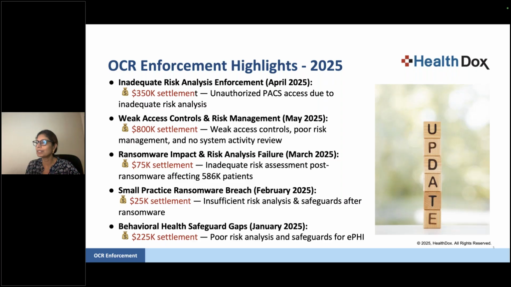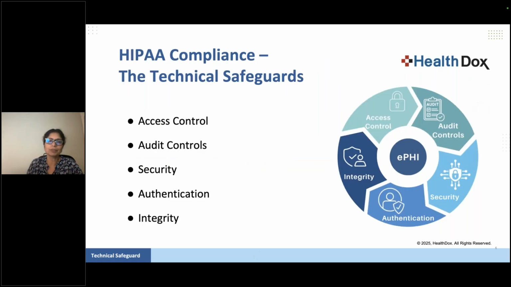OCR is checking for active use of safeguards, not just having the policies, but are we implementing and following them? And do we have outdated or incomplete security tools that are flagging investigations? All of that is so important, so that's why we wanted to highlight it before we go on to the actual topic of technical safeguards.